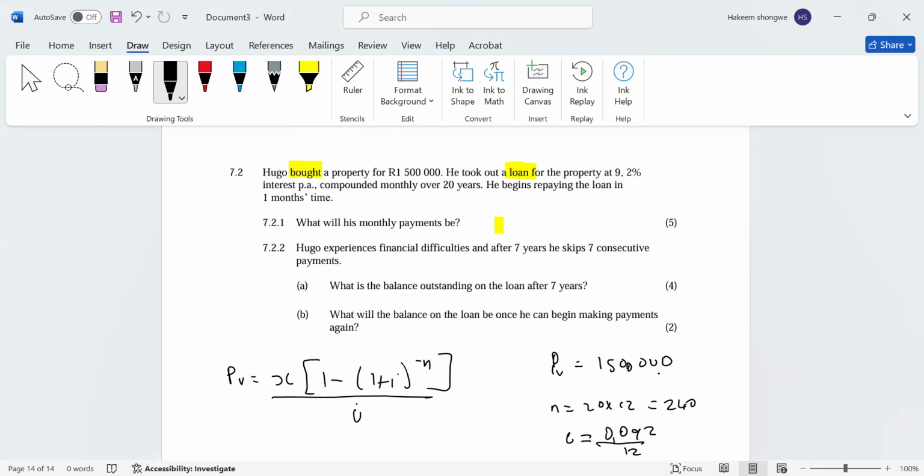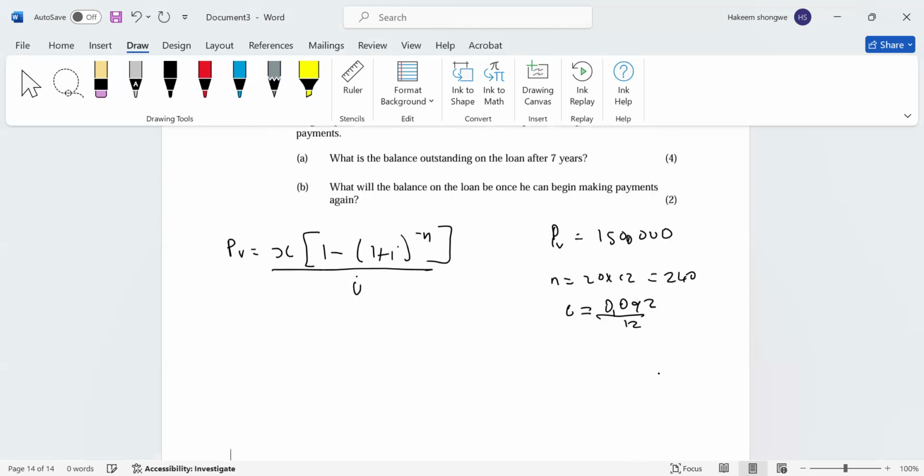We spoke about this: there is a mark for substituting in the correct formula, so we're going to try to collect that mark. How do you collect that mark? We say here we have 1,500,000, which equals X, which we don't know.